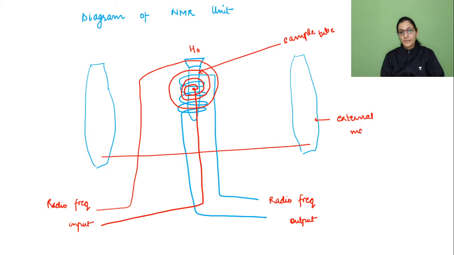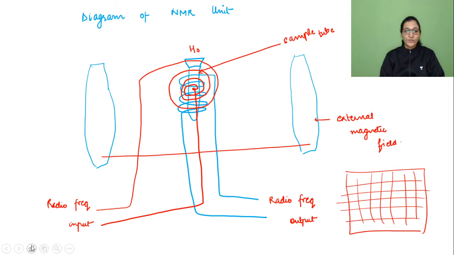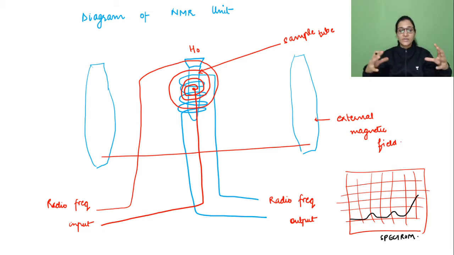Here a spectrum will be obtained, in the form of a certain kind of graph. So this is the diagram of the NMR unit. Though it looks quite simple here, it is actually a quite big apparatus.